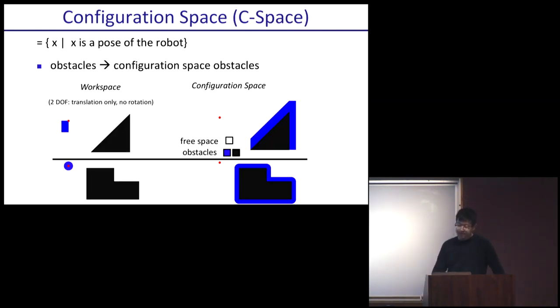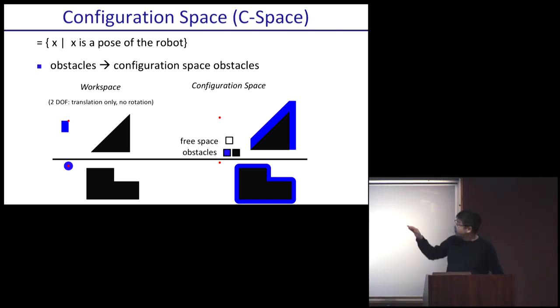So what is configuration space or C space? It is a set. X is the pose of the robot. So instead of in the 3D space, we think of this problem in another space, that is the pose of the robot.